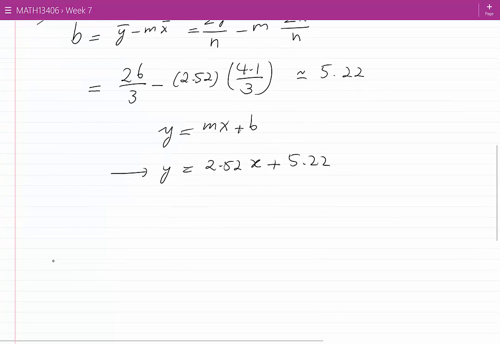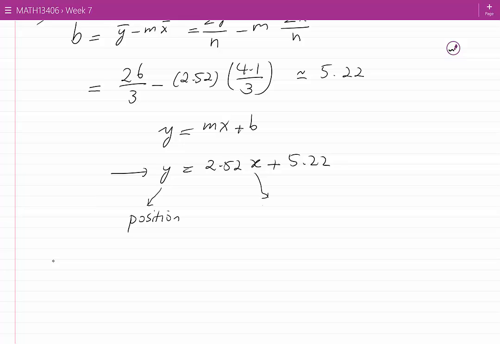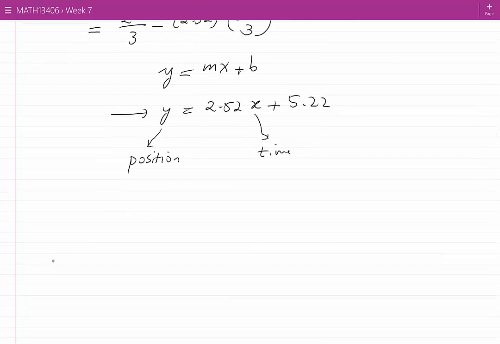Let's remember that y in this equation represents position and x represents time. If we show position by capital X, we can rewrite this equation as X is equal to 2.52 times small x, which represents time, and I'm going to show it by small t, plus 5.22.